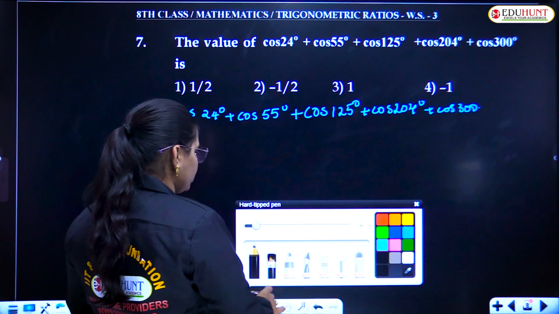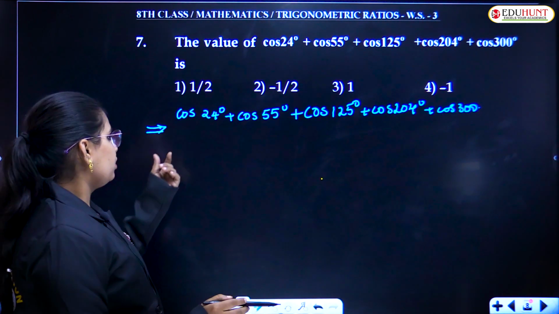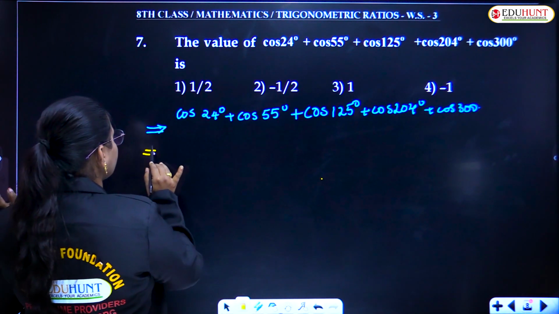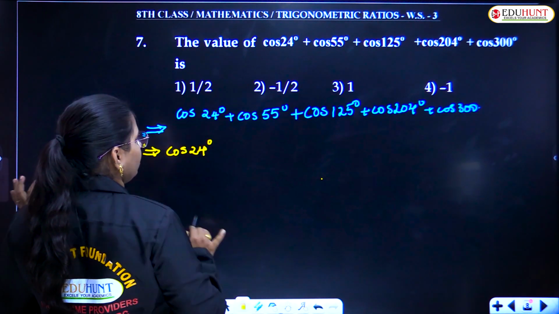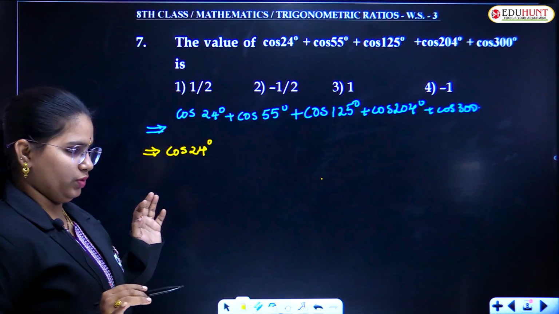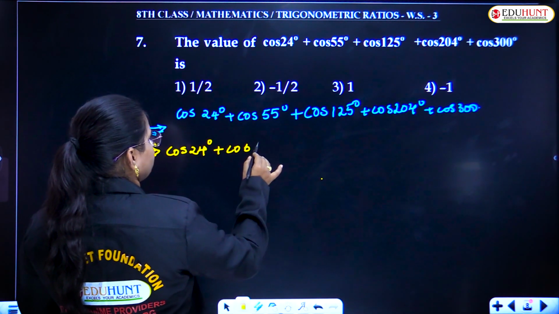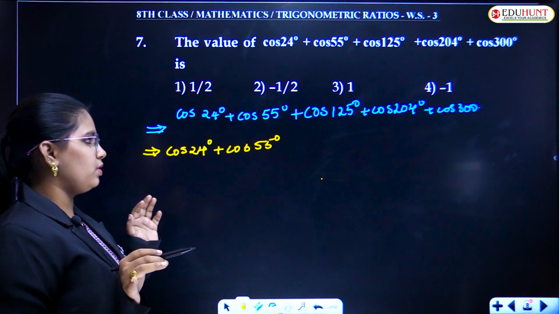From this, cos 24 I will keep like this, I will not change anything. The next one is cos 55 degree, also I will not change. I will keep it as usual.